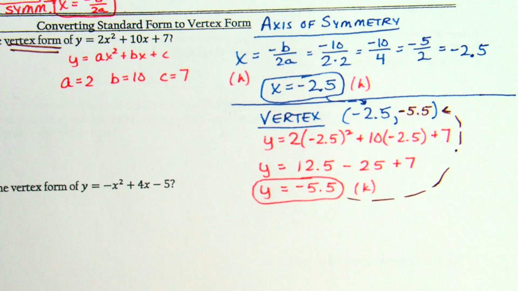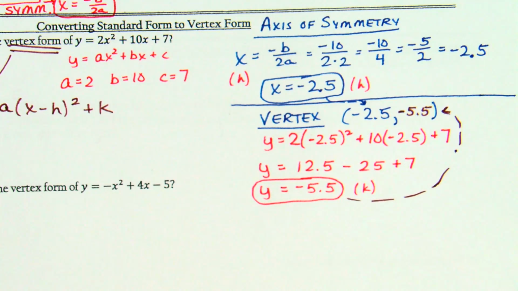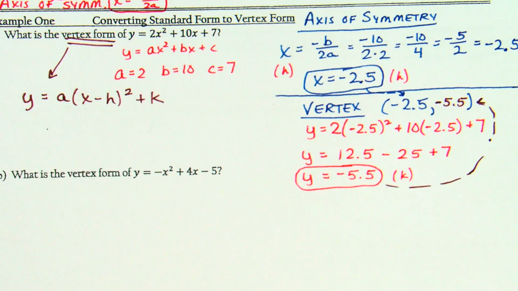And she said f of x. I wrote y. Remember, f of x and y are interchangeable, yes? So I have y equals a times (x minus h) squared plus k. It did seem like Math Excel was doing more f of x yesterday, weren't they? So either way. So now when I write this, do I have all the information I need?